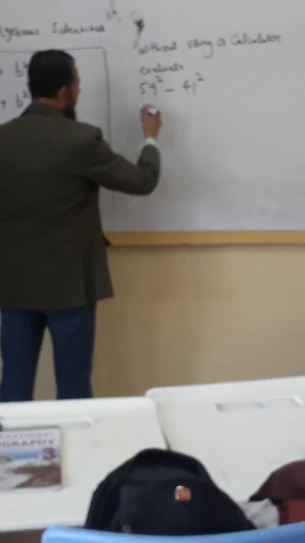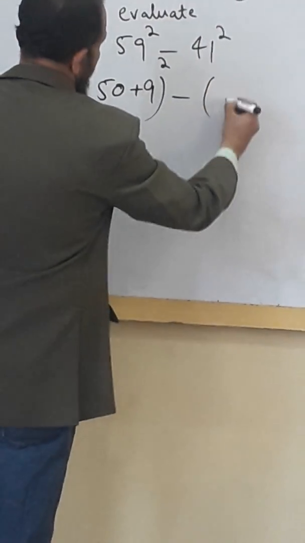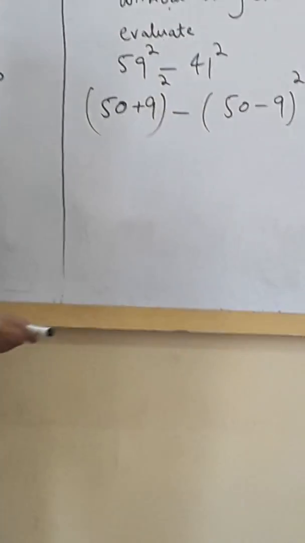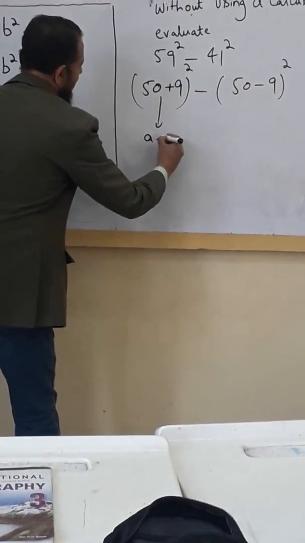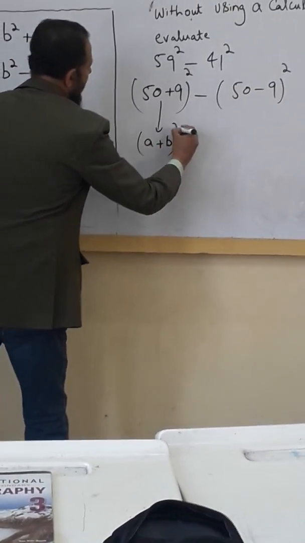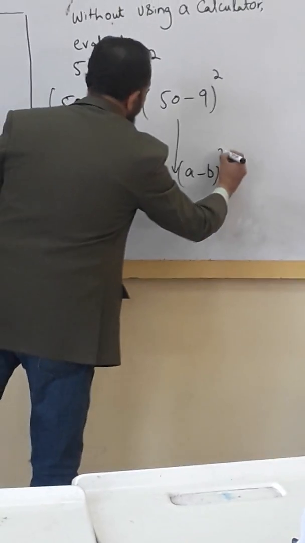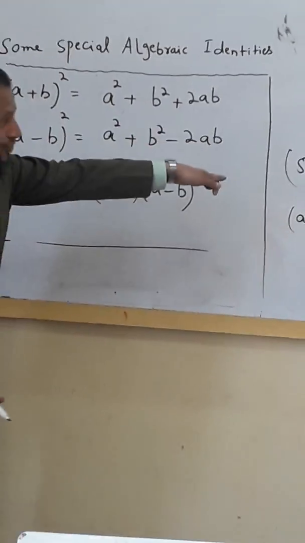Let's flip these numbers: (50 plus 9) whole power 2 minus (50 minus 9) whole power 2. That's very interesting. Now look at this. This is of the form (a plus b) whole power 2, and this one is of the form (a minus b) whole power 2. Let's apply these two identities on these numbers.